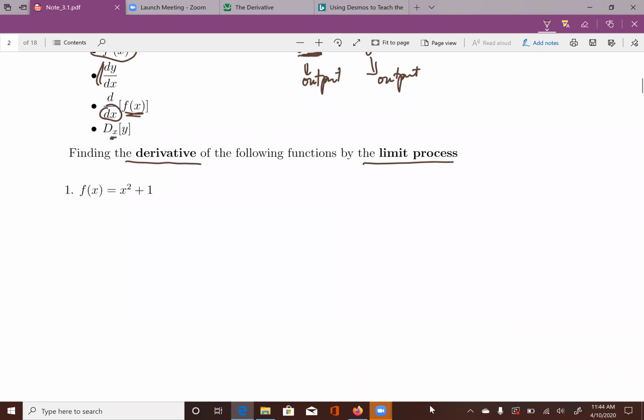So I want to write out the limit process, the definition of the derivative. So f prime of x equals the limit of delta x, which is the difference of x, of f of x plus delta x minus f of x, which is the difference of y, right, of the 2 points divided by delta x, which is the difference of the 2 x's.